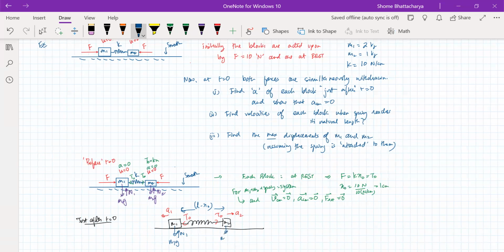So subsequently in a problem like this, you need not show the vertical forces and all. Only the horizontal ones are important. Okay. So you can see that just after t equal to 0, what is happening?